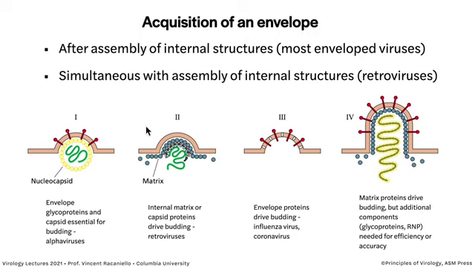And what drives budding? Well, one thing that drives budding, of course, is viral proteins. In some cases, it's the envelope and the capsid which drive budding. So if you just make the capsid and envelope proteins in a cell, they will make buds, even though there's no genome in them. Sometimes the matrix protein.